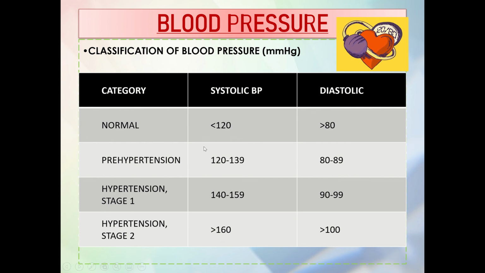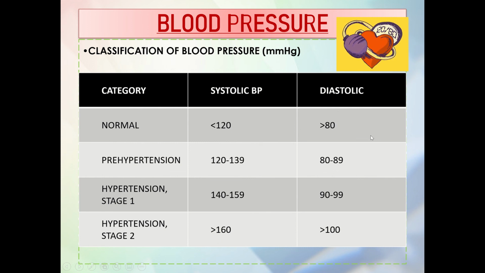Now, these are the classifications of blood pressure in millimeters of mercury. Normal, again, is less than 120 systolic and less than 80 diastolic, or the average is like 120 over 80.